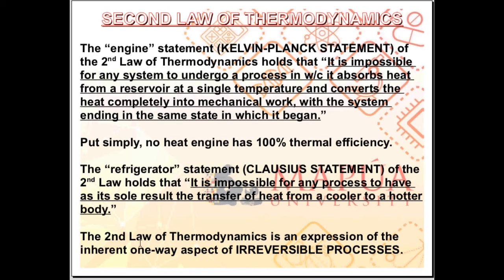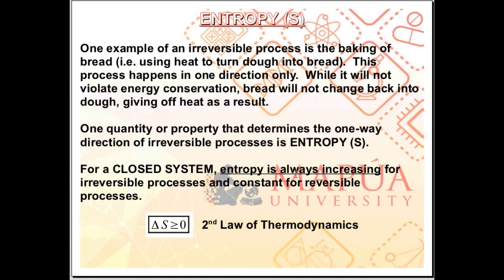The second law of thermodynamics is basically an expression of the inherent one-way aspect of irreversible processes. One example of an irreversible process is the baking of bread. That is to say, you use heat to turn dough into bread. This process happens only in one direction.